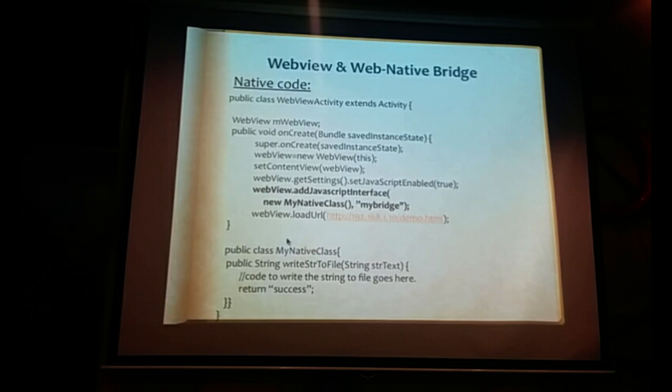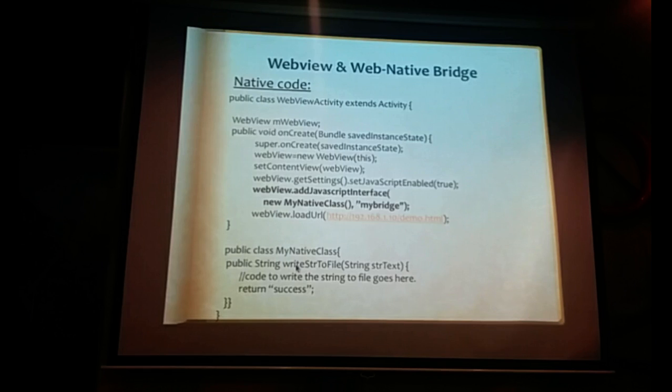So this is the native part of the hybrid mobile application, where you create the WebView object, which means that you get a web browser component within the mobile application. Then you call webview.addJavascriptInterface. This is the method which creates the bridge. And this is the object of the class which you create here, which exposes methods over the bridge.